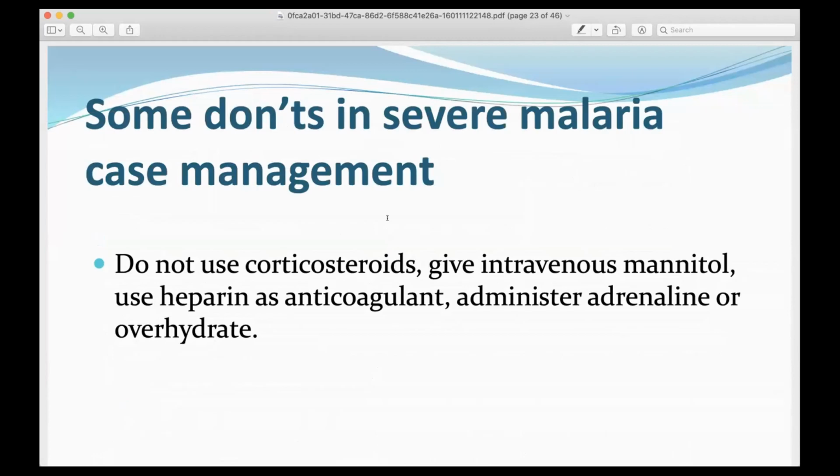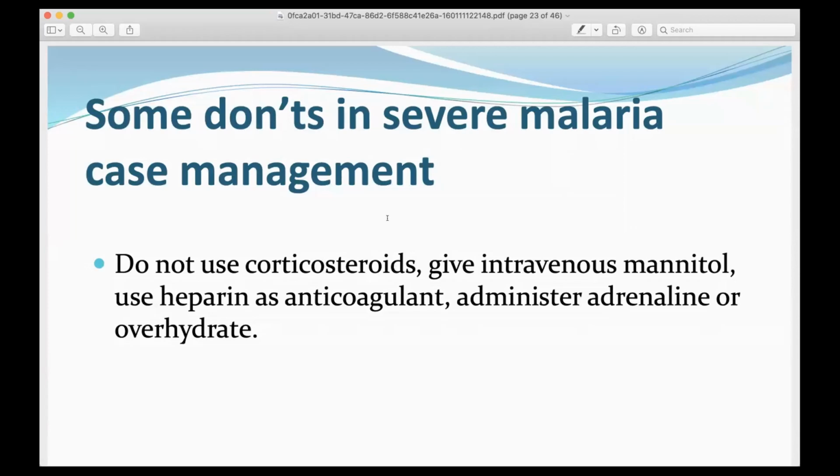There are some things you don't do in severe malaria case management. Do not use corticosteroid in a malaria patient, and do not give intravenous mannitol for reducing intracranial pressure. Do not use heparin as anticoagulant, and do not administer adrenaline or overhydrate.